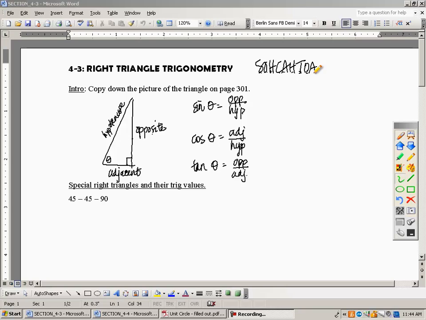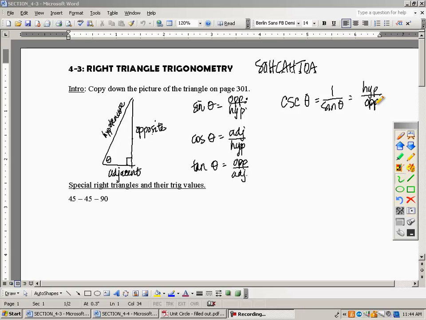What we're including this time is the reciprocal functions. I'm going to shorthand them, but I'm going to say them in words as well. Cosecant is CSC of an angle. Cosecant is the reciprocal of the sine. Therefore, if I take the reciprocal of the two sides, it's the hypotenuse over the opposite.